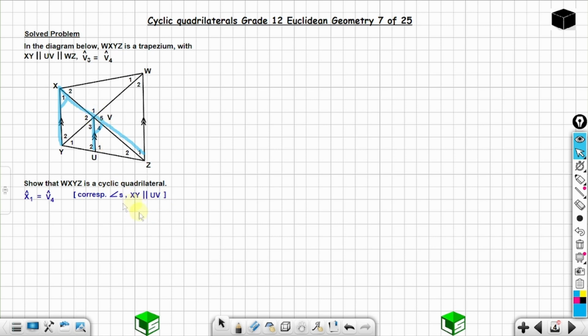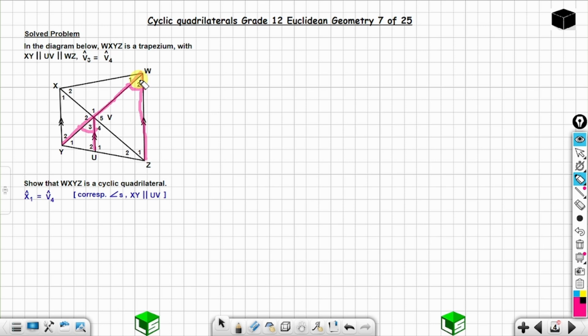And you can also see you have this line parallel to this line. Let me show you. You have the F shape. This line is parallel to this line. So this angle is equal to this angle. Corresponding angles.